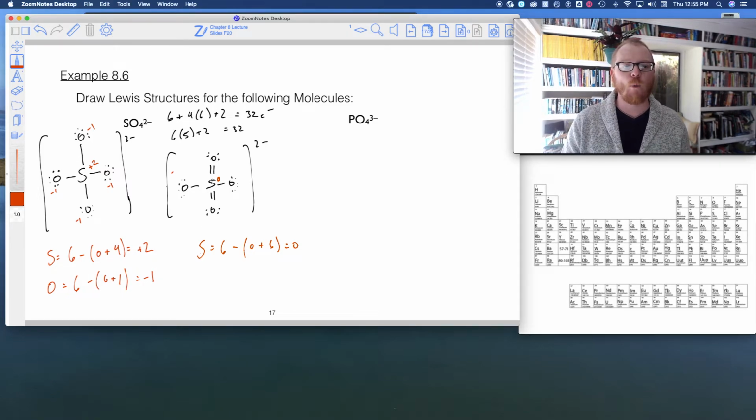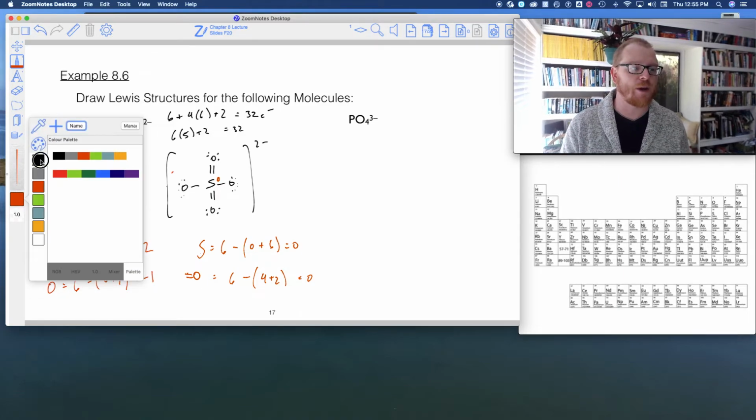Okay? Now, what about the double bonded oxygen? So I'll draw that by saying double bonded oxygen. So what is its formal charge? Well, it's still 6 valence electrons for each oxygen. And it's got 1, 2, 3, 4 dots plus 1, 2 sticks. So 6 minus 6 equals 0, so that's great. And this is something really important to note here.